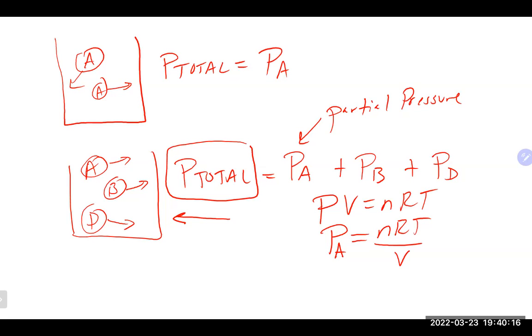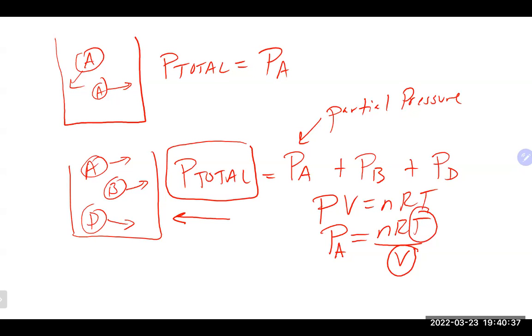Now, a couple of things are good. Because all those gas molecules are in the same container, the volume for all of them is going to be the same. And the odds are that container is sitting in the exact same room, which means the temperature will be the same for all the gas molecules.